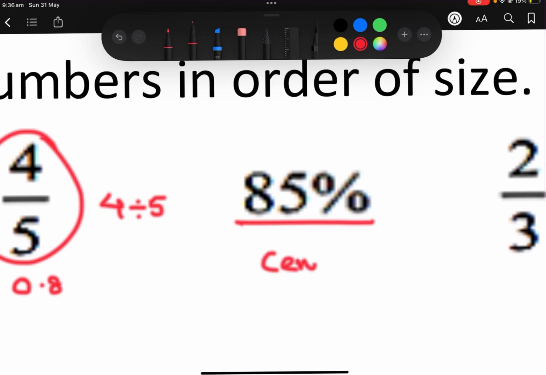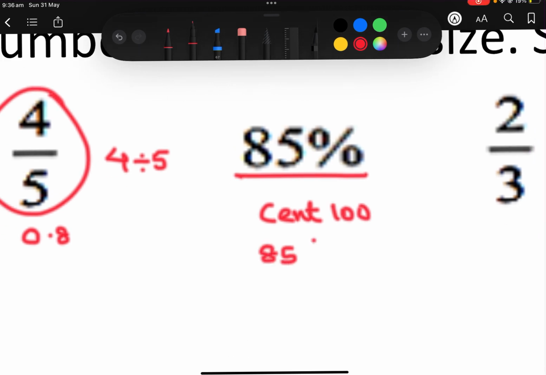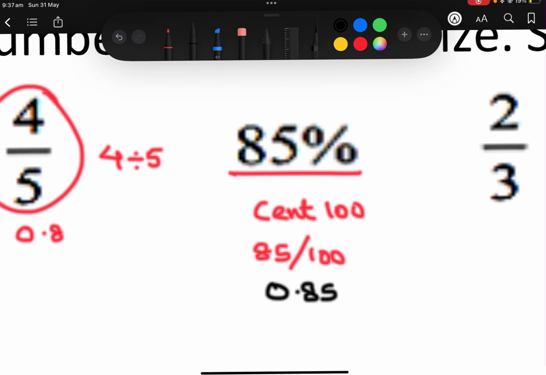Cent means 100. So it means 85 per, this is the symbol for per that we use, and cent, 100, comes here. So in the calculator, you put 85 divided by 100, and you get the answer as 0.85. Some students already know that it is 0.85. Some who do not know, you can just put it in the calculator and learn it.